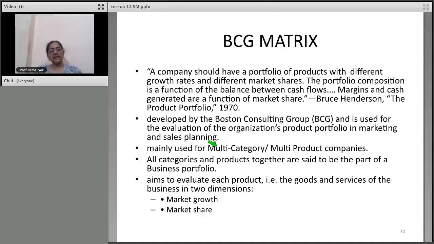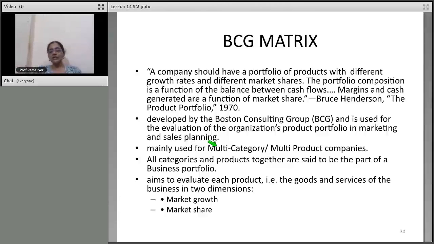So it is multi-category, and you can have soaps and you can have some other product. You can have lotions, you can have face wash, right? Those are multi-product. All categories and products together are said to be part of a business portfolio. So each such product has to be evaluated from 2 dimensions. One is market growth and second is market share.